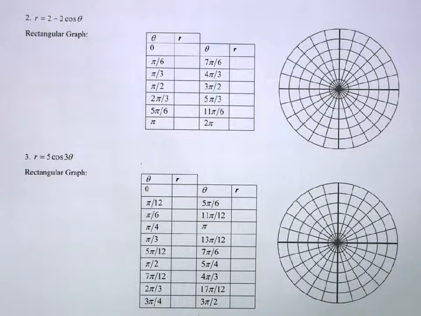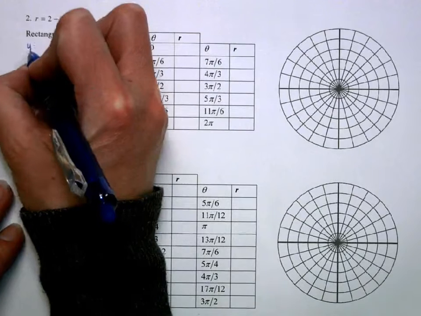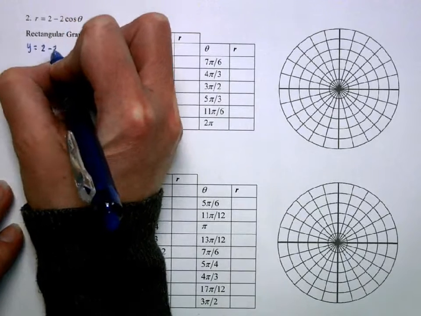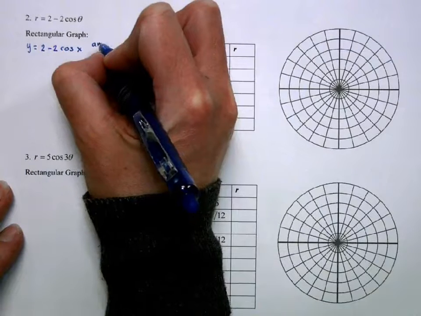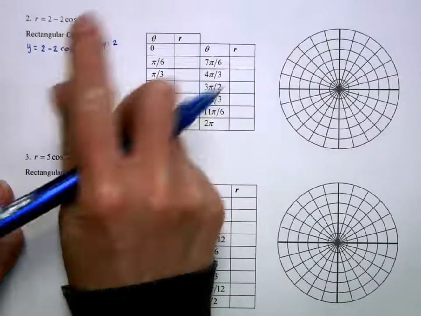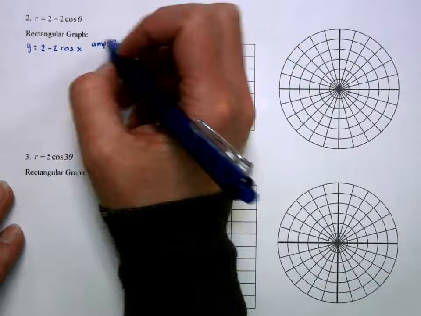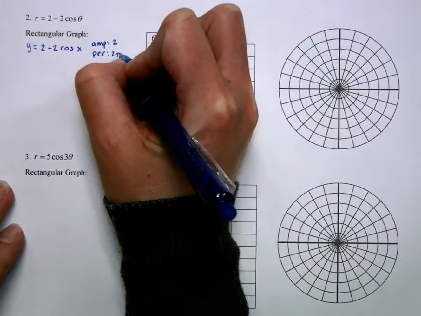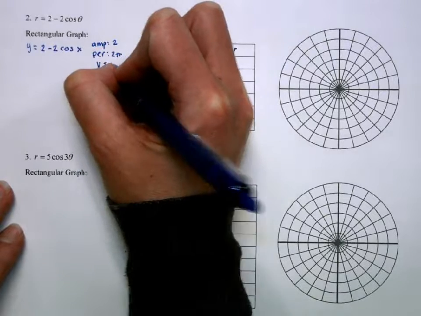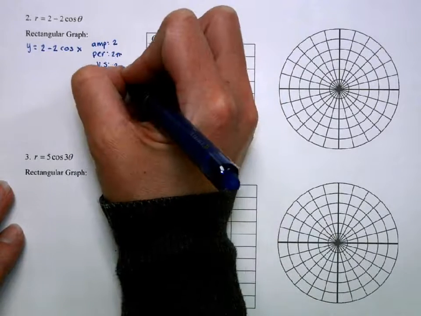The next one I'm going to graph is r equals 2 minus 2 cosine theta. For my rectangular graph, we're going to look at y equals 2 minus 2 cosine x. My amplitude here is 2, the coefficient of our cosine. Our period is still going to be 2 pi, but this one has a vertical shift, or a midline, of 2.